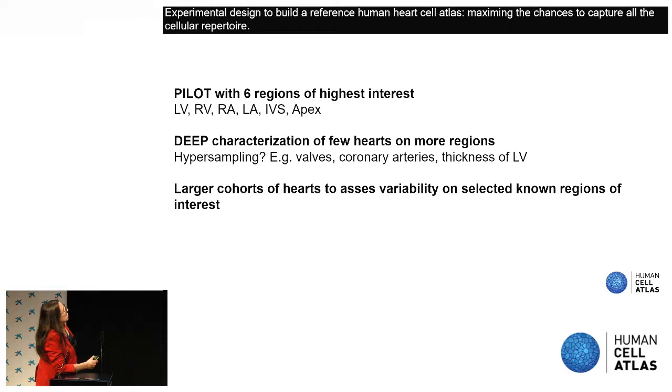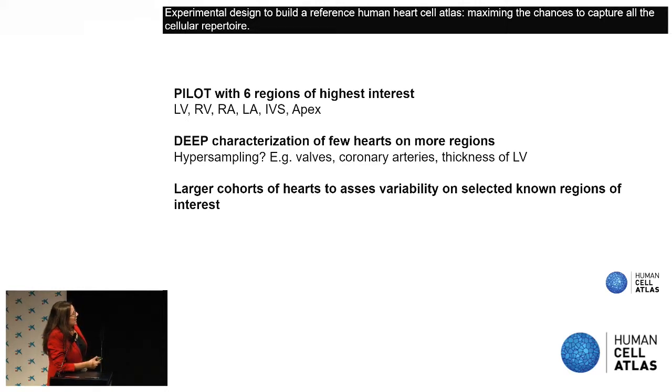So we came up with some important points and somewhat a plan. The important point is that we create a pilot set of data, a reference set of data, and most of us agree that the left ventricle, right ventricle, the atria, the interventricular septum, and the apex are the most obvious regions to sample.